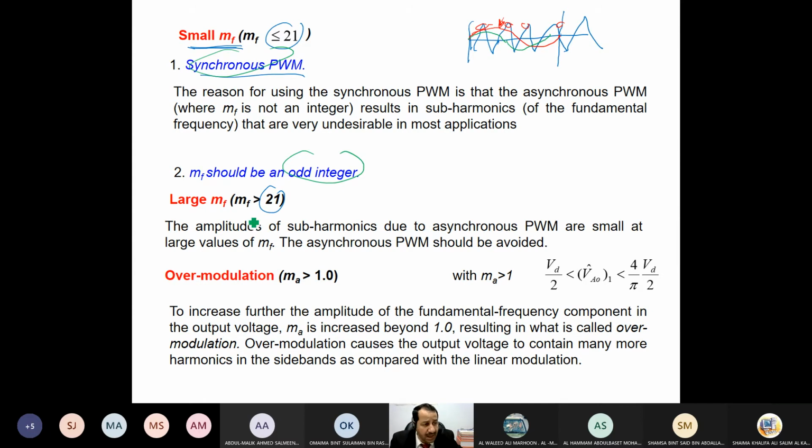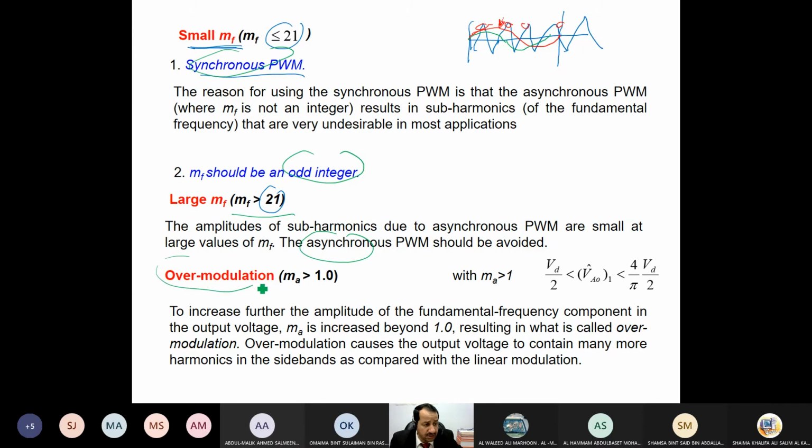But when we deal with large MF, greater than 1, now sideband harmonics will be reduced, but at the same time we still prefer to deal with synchronous signals. We don't want asynchronization between the control and the triangle signal.